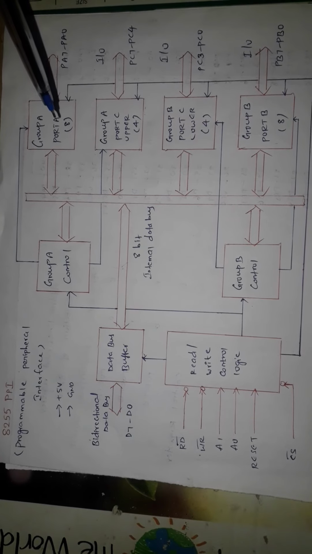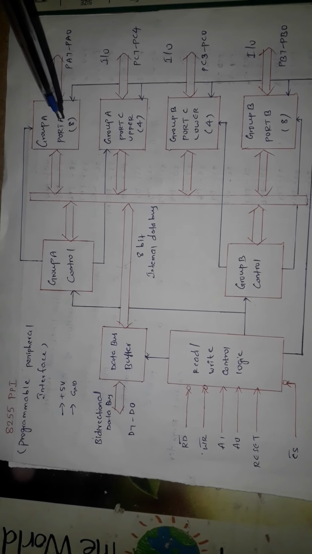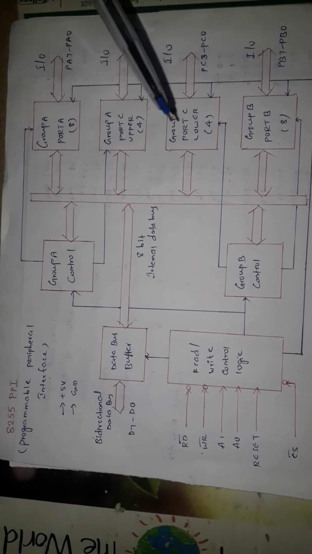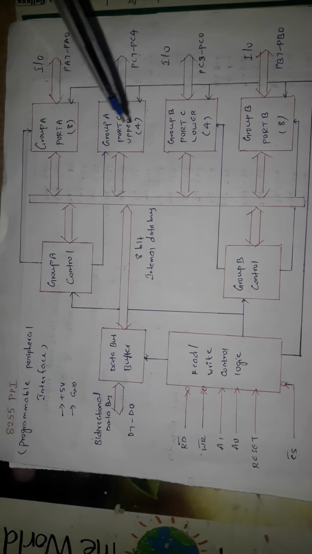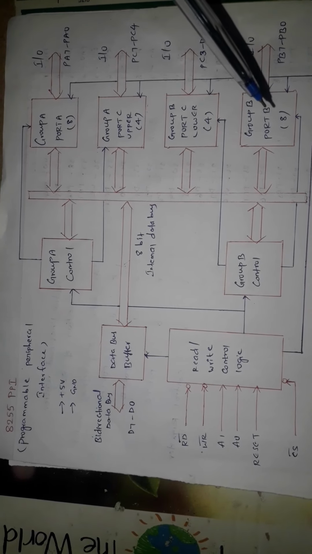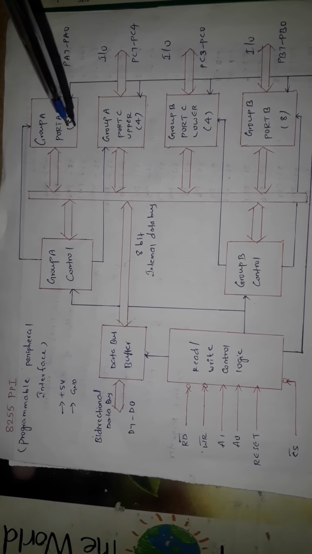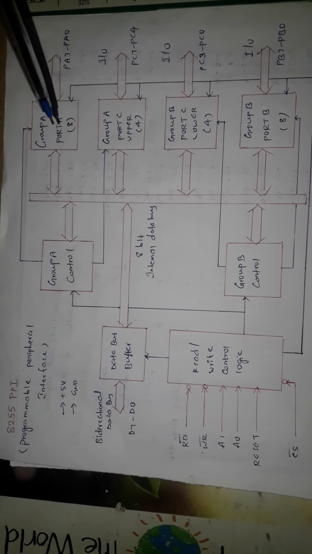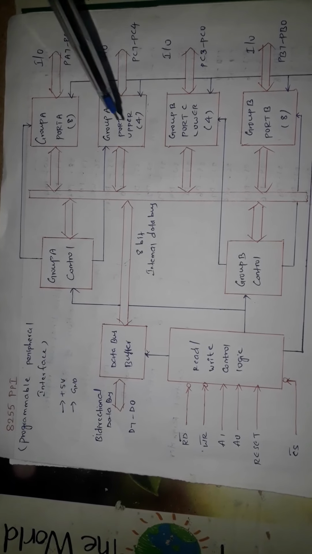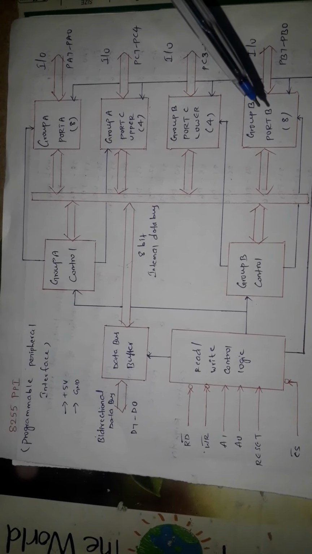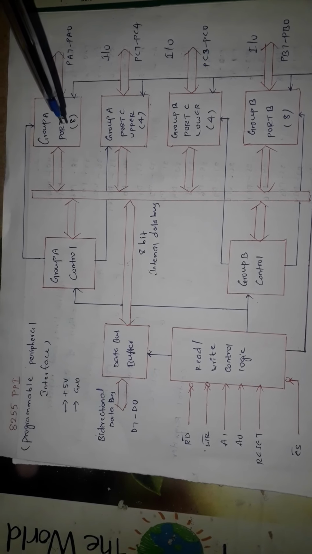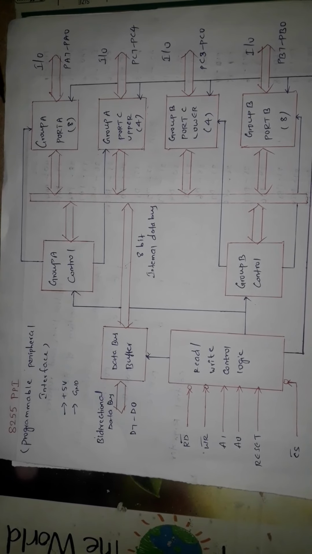So an 8-bit register is used as port A. Similarly, port C upper and port C lower together form another 8-bit register, and port B is another 8-bit register. So we have in total 3 8-bit registers. Port A is one 8-bit register, port C upper and port C lower together make one more 8-bit register, and port B is another 8-bit register. So we have 3 8-bit registers used as 4 different ports here.